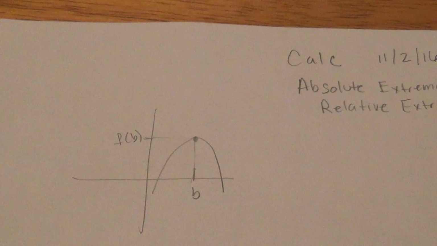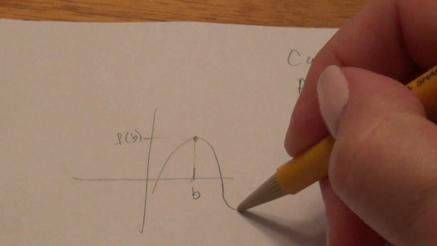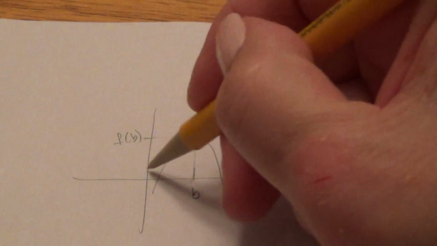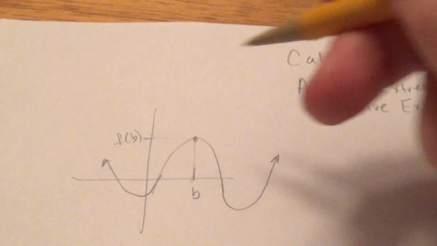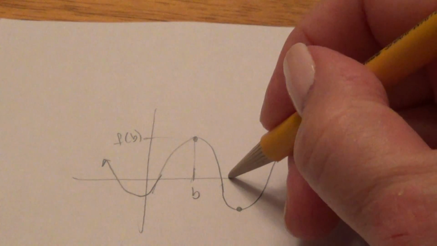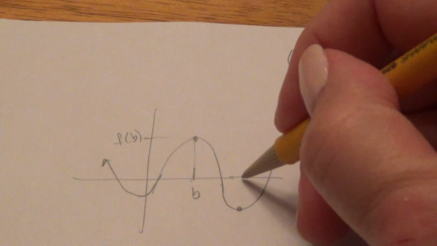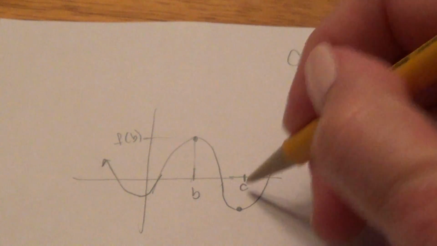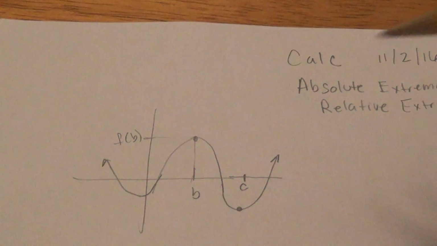So similarly, if a function has an absolute minimum, let's say we go like that, and right here, instead of b, we'll say c.